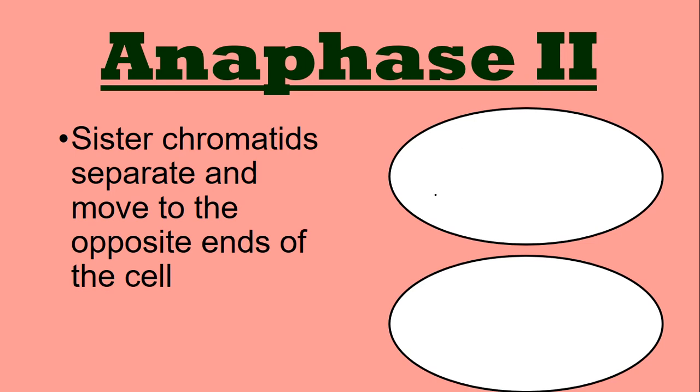In anaphase 2, just like in all anaphases, the cell starts to elongate. The reason why it's starting to elongate is because this time, instead of just pulling a chromosome towards the poles, it's actually going to separate each chromosome at the centromere so that each side of the cell starts to get a chromatid.